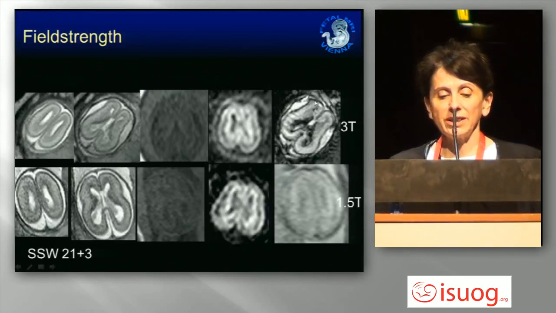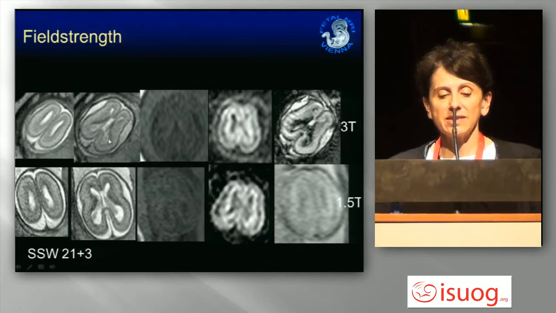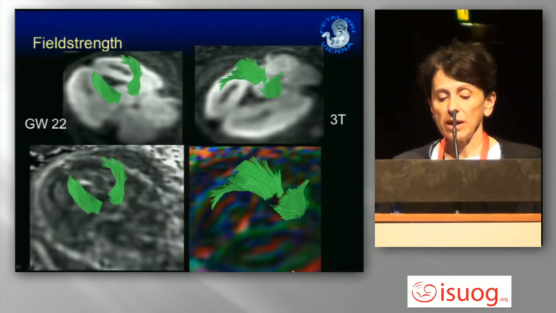And I will just show you an example, a fetus with 3 Tesla and 1.5 and the respective sequences, and you will see that the resolution is really better. And what is excellent is fiber tracking, because there it is much more accurate than using 1.5.